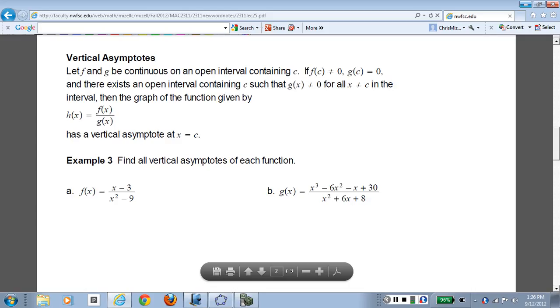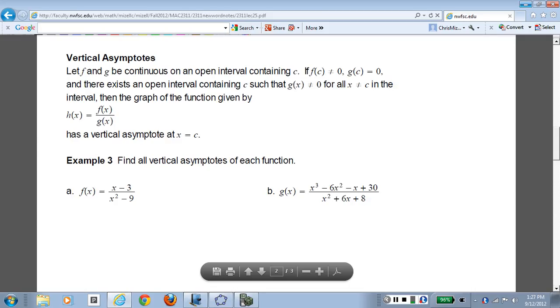Just have to be a little bit more careful with the definition of vertical asymptote than we typically are in college algebra, because if g behaves really, really badly, even if g of c equals 0 and f of c is not equal to 0, there may still not be a vertical asymptote.